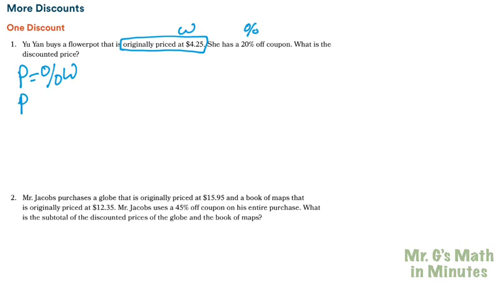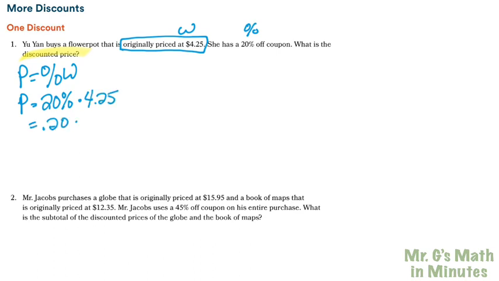So we are looking for the part. We're looking to find out what is the discount, how much is it discounted by, and then they want us to figure out what is the discounted price. So that is two different things. The discount and the discounted price are two different things, and we got to make sure that we can read and understand that. So we've got 20% times the whole, which is $4.25.